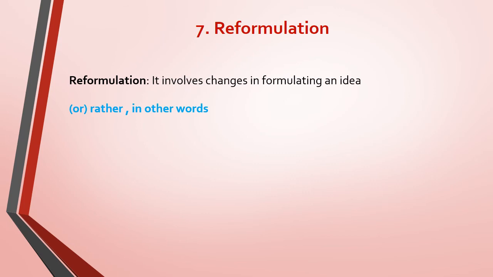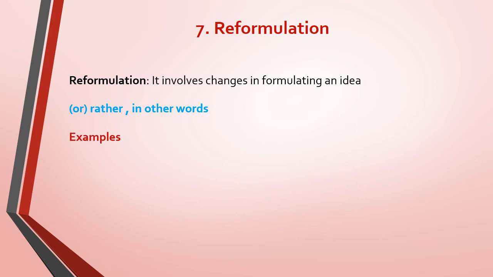We have two conjuncts which express reformulation. We have rather, it can be said also, or rather, and we have in other words. Now you notice that in other words is used with a third meaning. This is a reformulation.